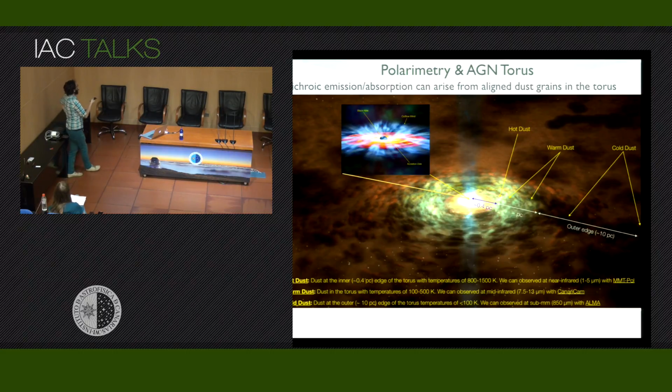If we want to study the hot dust, we need near infrared, because this dust emits between 800 and 1500 Kelvin, peaking in the near infrared. For warm dust a little further away, CanariCam in the mid infrared will be perfect. To go further and study the outer edge of the torus and cold dust, we will need ALMA polarimetry, for example.